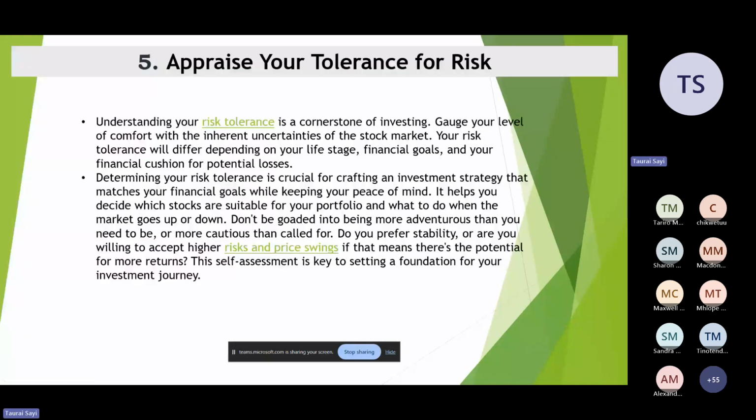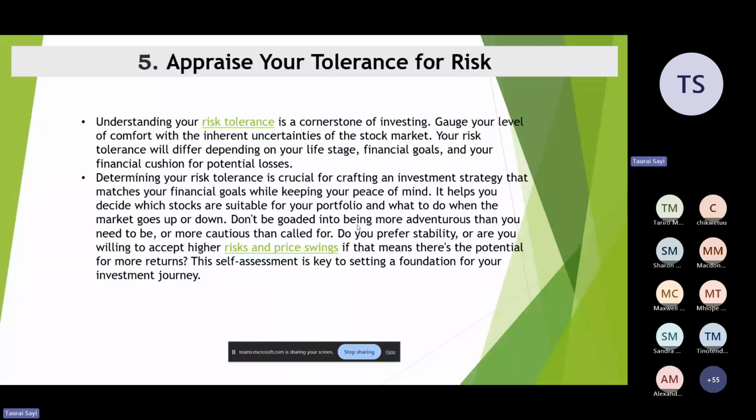Right, and also let's learn to appraise our risk tolerance. So you should also learn to appraise your tolerance for risk. Understanding your risk tolerance is a cornerstone for investing. Gauge your level of comfort with the inherent uncertainties of the stock market.